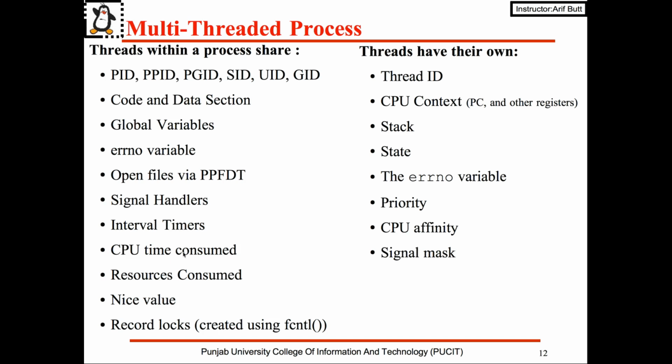The interval timers, signal handlers, nice values and record locks are all shared by all threads. While every thread has its own thread ID, the entire set of CPU registers, stack, state, the error number variable, the priority, the CPU affinity and the signal mask.